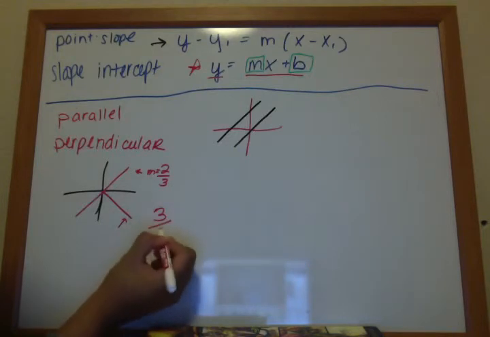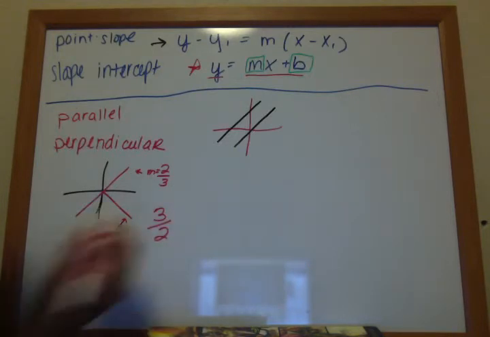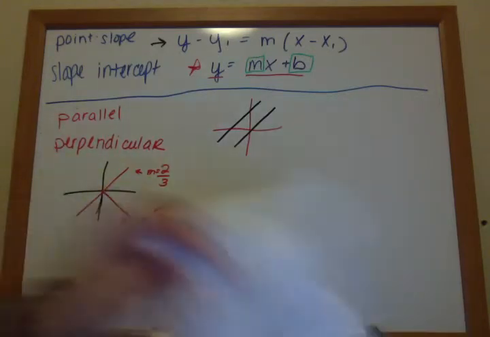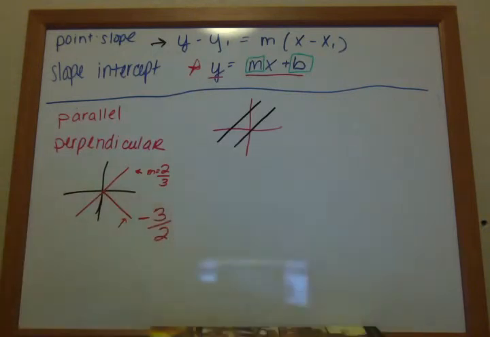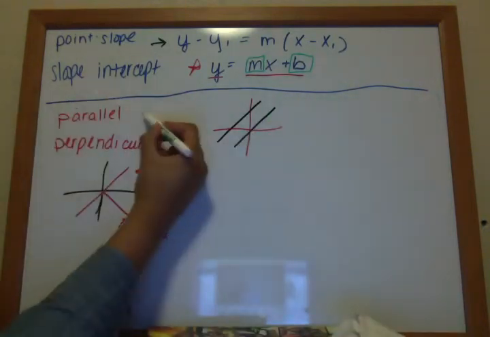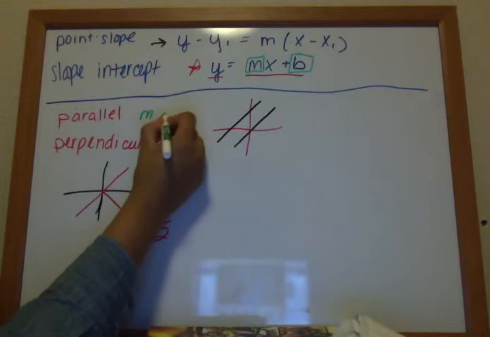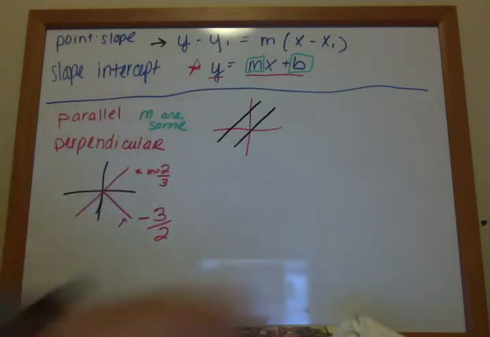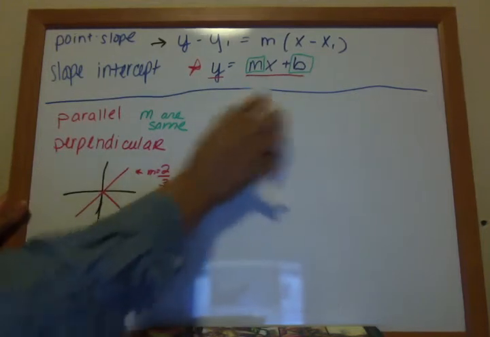What that means is you take 2/3 and you flip it. So it's that, and you put a negative sign. So that would be the slope of the perpendicular line. So this is important to remember. I'll leave it up. The m's are the same. The slopes are the same.